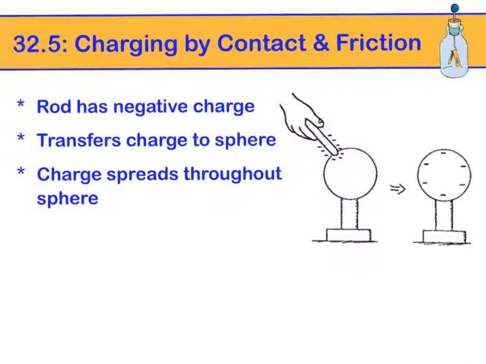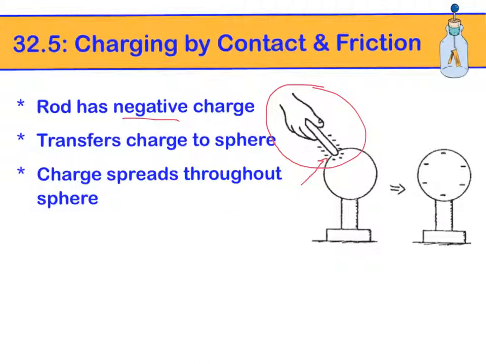Here's an illustration of that last point of charging by contact. What we see here is a rod that has a negative charge, as indicated by all these little negative signs around it. Now, how that rod got its charge was probably through friction.